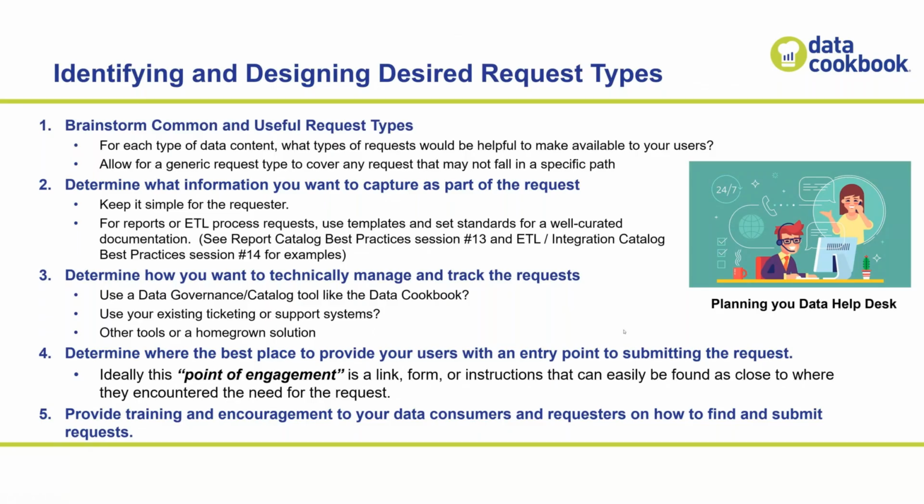And maybe a year ago someone sent them an email saying, we have this new tool called the Data Cookbook, please log into it. They're not going to do that.